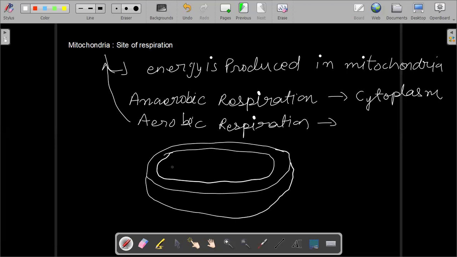In the matrix you have certain foldings which are called cristae. Okay. And on these cristae, you have certain tiny particles which are called the F1 particles.